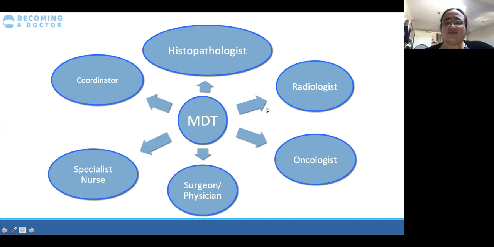So I don't know how many of you have managed to attend an MDT during your training, but I strongly advise it if you have the opportunity to attend an MDT in different specialties, so you get to know what the processes are. But essentially, you've got the different core members of the MDT: the coordinator, the surgeon or physician, oncologist, radiologist, and the histopathologist all involved, and specialist nurse as well.